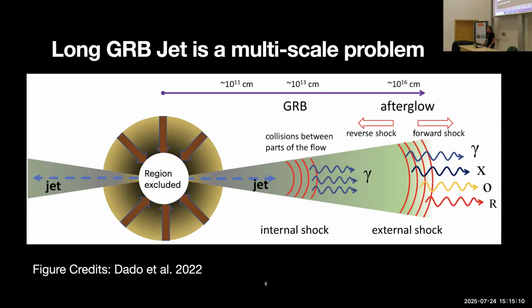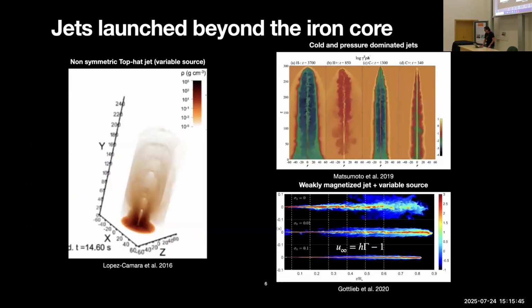But yes, we know a lot of details of GRB dynamics, but the method that we have been using for studying jets is not properly launching from the center of the stars. We usually assume that the jet has already crossed the central part of a star, and usually the jet is injected by hand and explored by changing the parameters, such as luminosities, jet opening angles, and injection times.